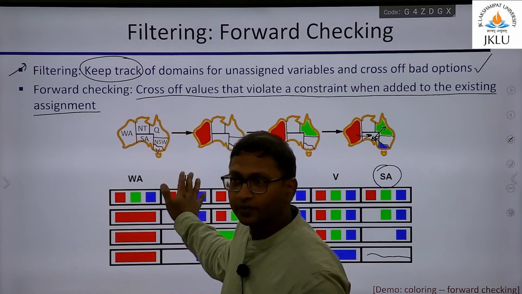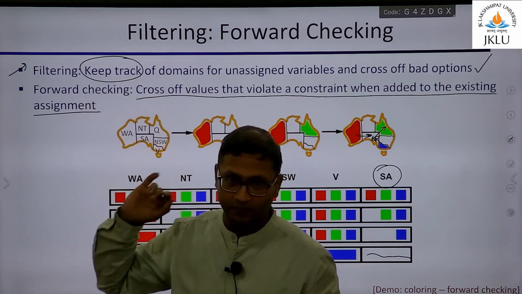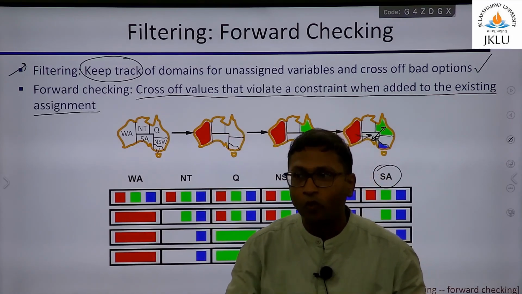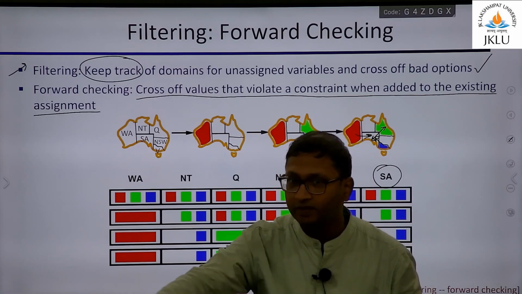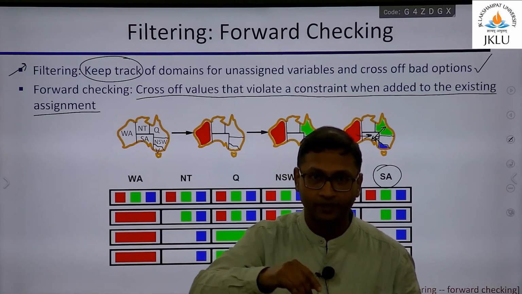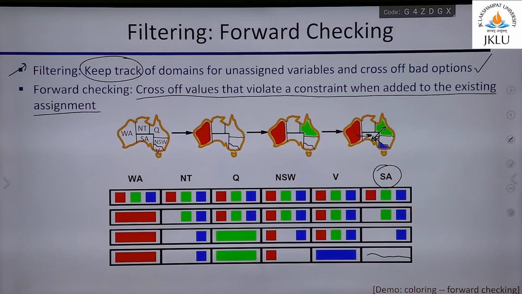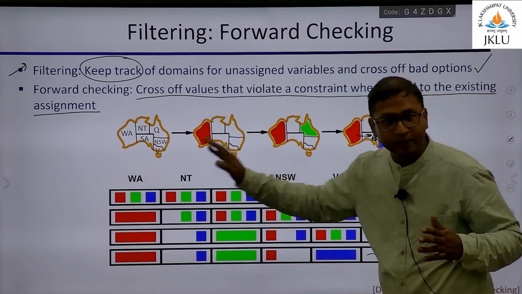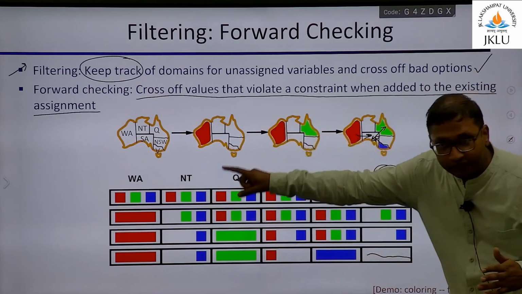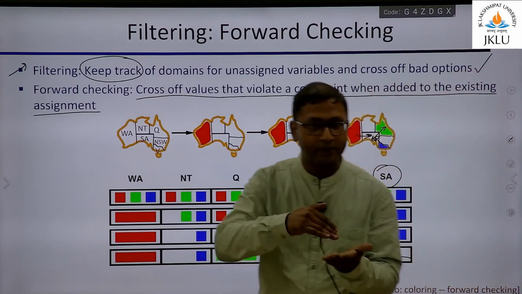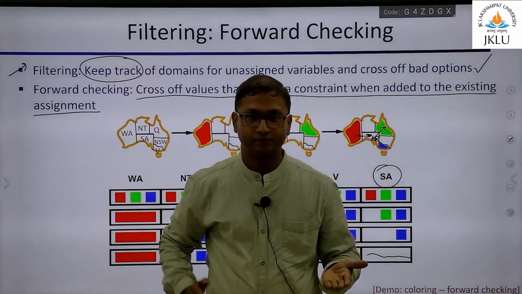And we have seen examples of such things in that last example. Then what we are saying is, the moment I am here, I won't assume that the next level has all the options. I will keep on striking off the domains. If I am left with a situation where any of the variables can't be assigned any value, I have an inevitable failure. I must go back from there.